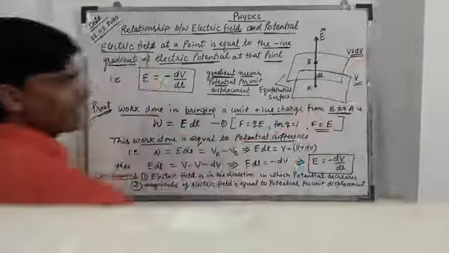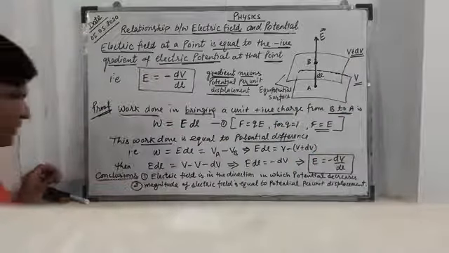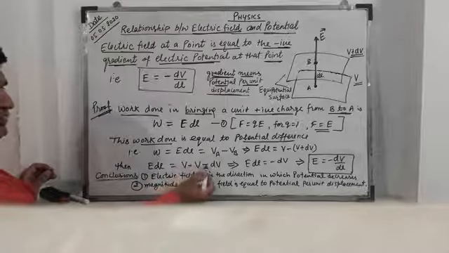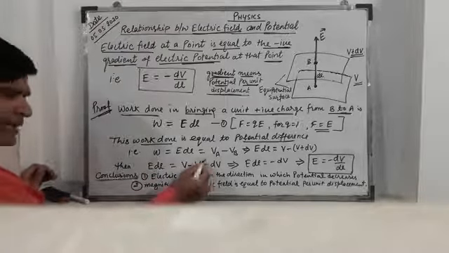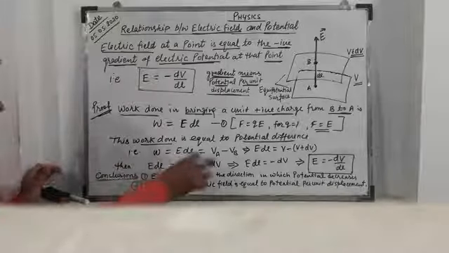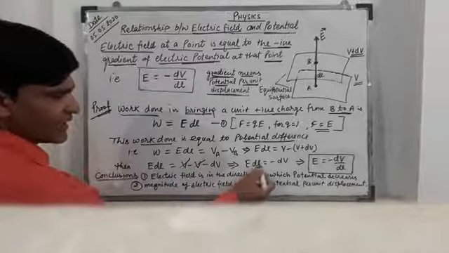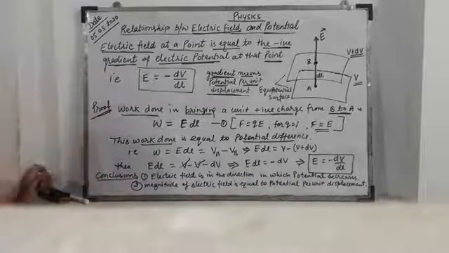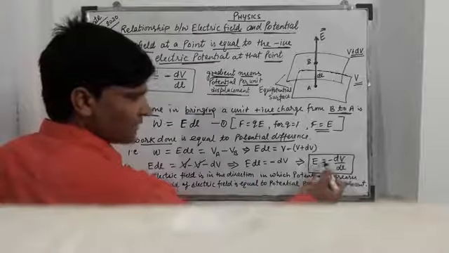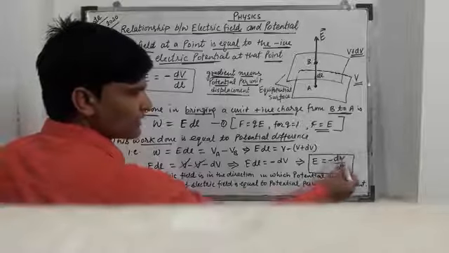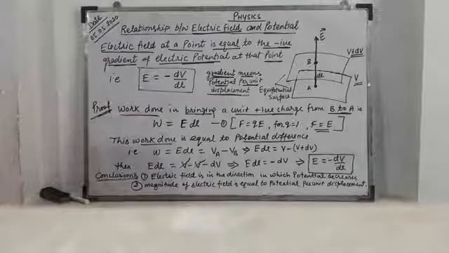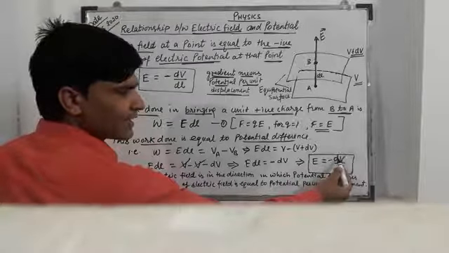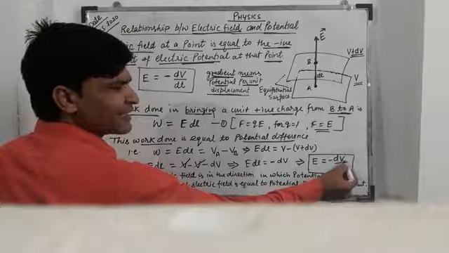Then we get E into dl equal to V minus V minus dV. Then cancel V with each other. Then we get E into dl equal to negative of dV. Finally, we get E is equal to minus dV upon dl. That is, electric field is equal to negative gradient of potential.